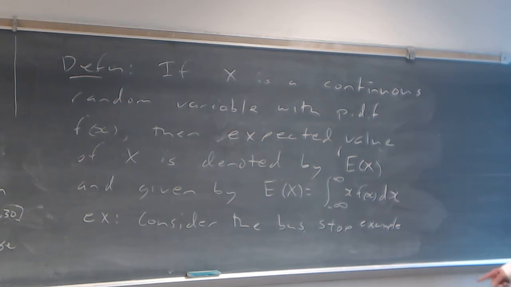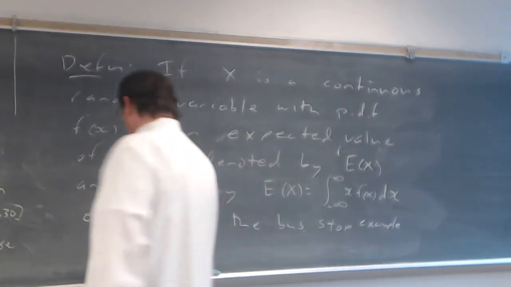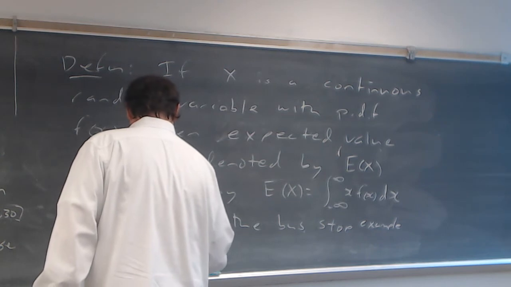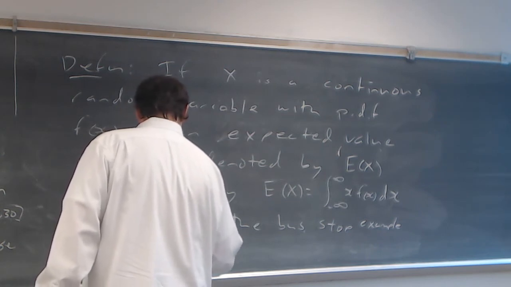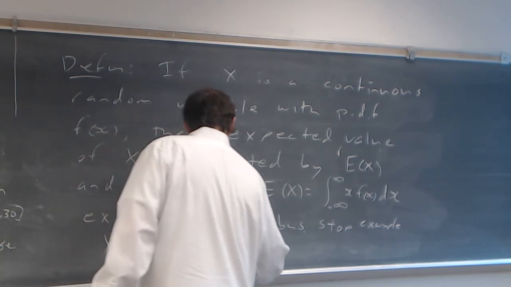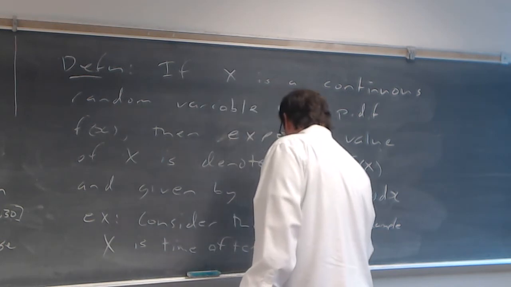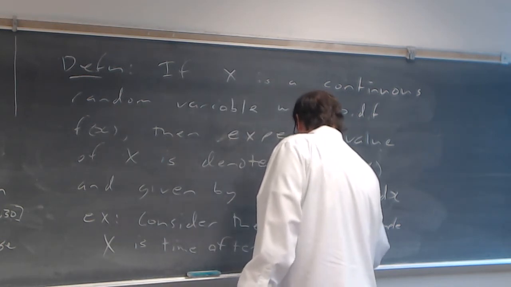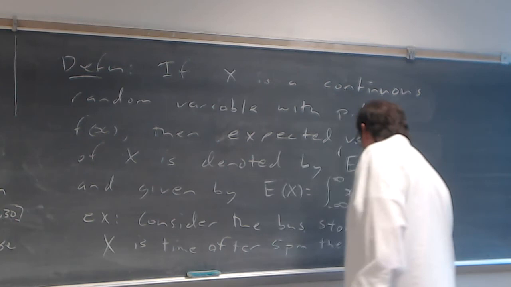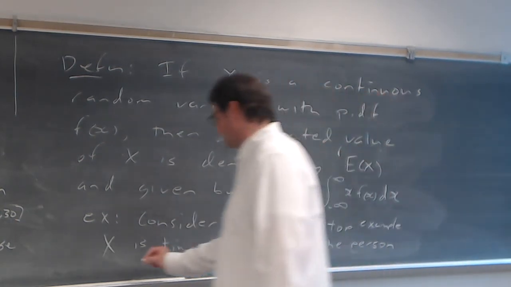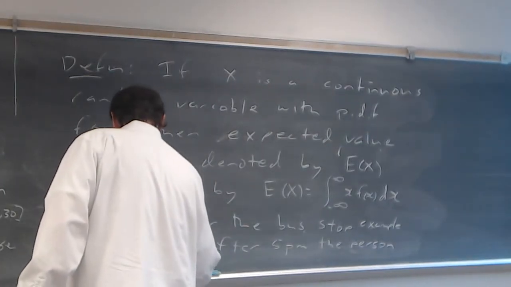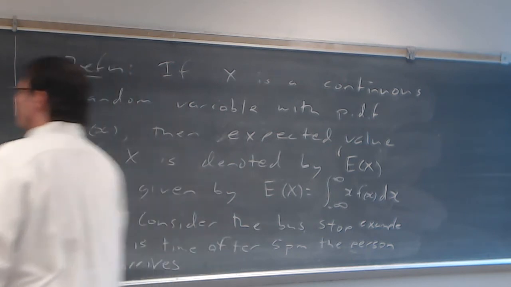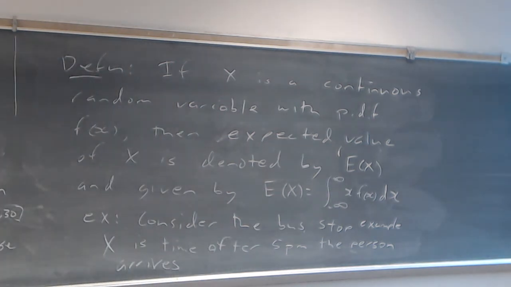And so anyway, x is the time after 5 the person shows up, arrives, and then let's compute the expected value of x.